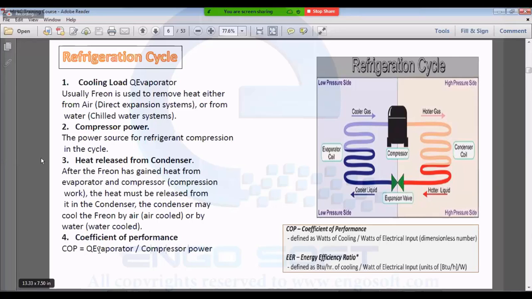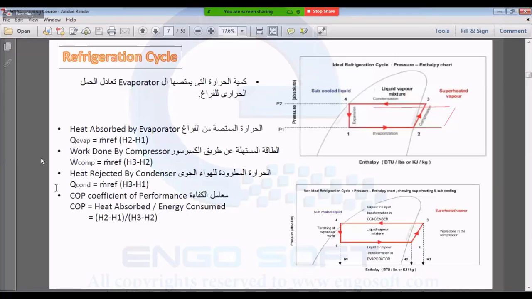Do we understand this part? Yeah. Okay. So we will go deep through how to calculate the heat absorbed by the evaporator, and how to calculate the work of the compressor to determine the COP.